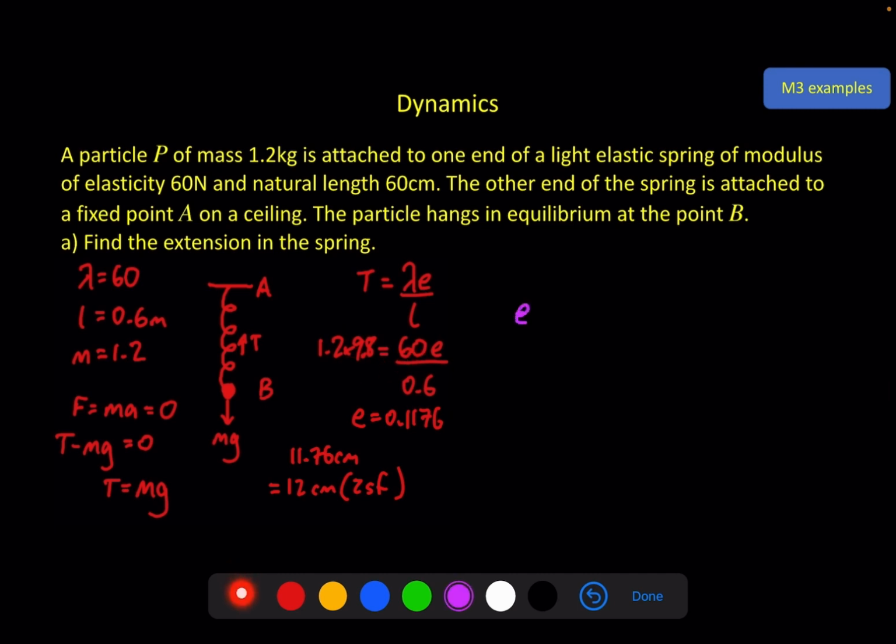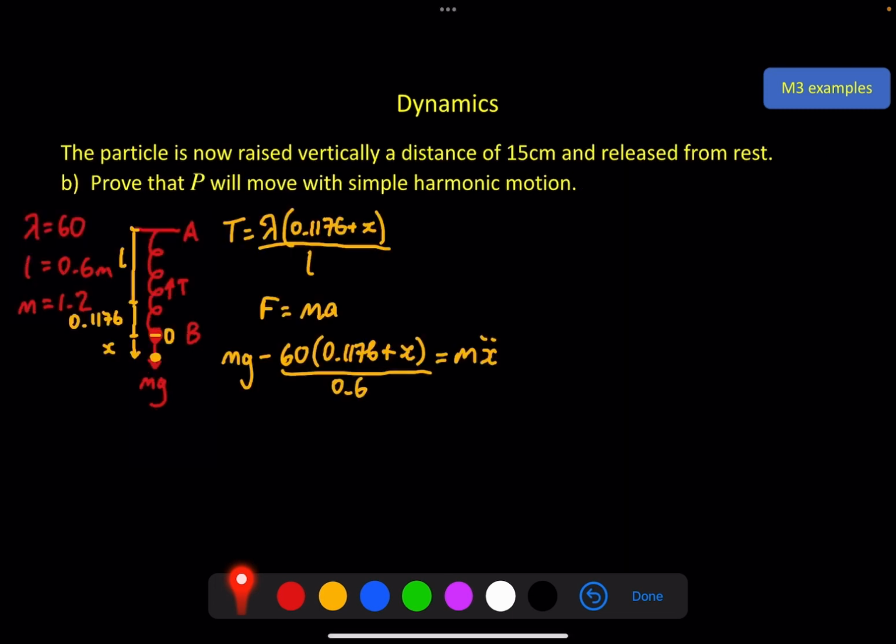So if I write it like that, E is equal to mg L over lambda, and I leave it like that rather than putting in the numbers, then we can see over here that this bit, mg L over lambda, when we expand this and multiply it by lambda and divide by L, we're just going to get mg left.